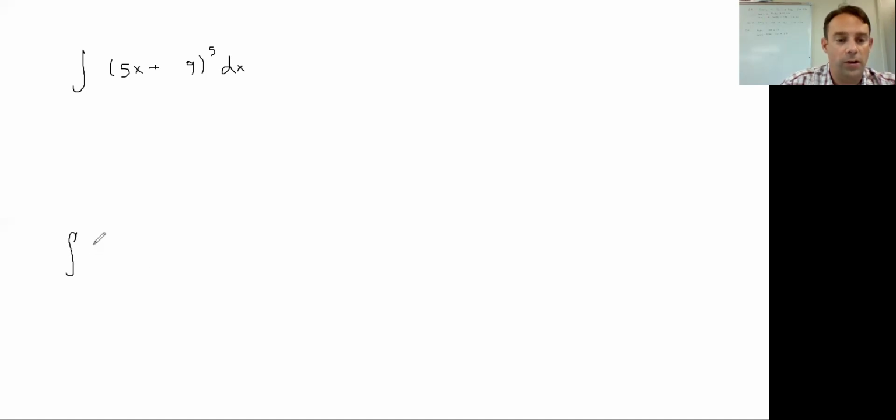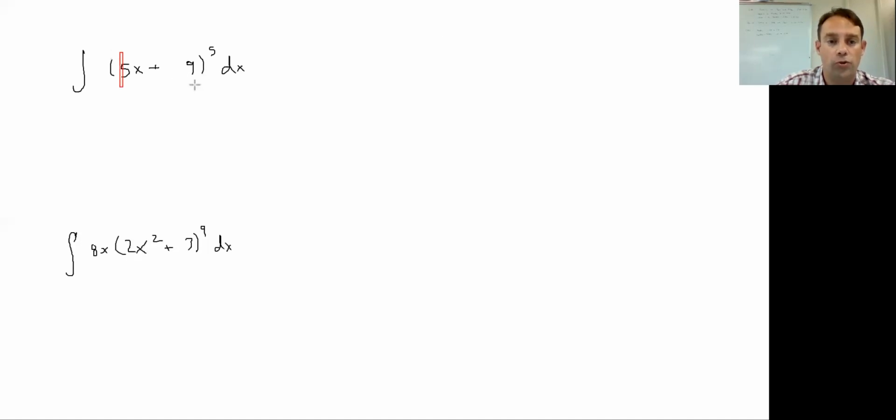And let's do 8x, 2x squared plus 9, plus 3 to the 9th dx. Something like that. All right, hopefully on first look you can guess what the inside function is going to be.